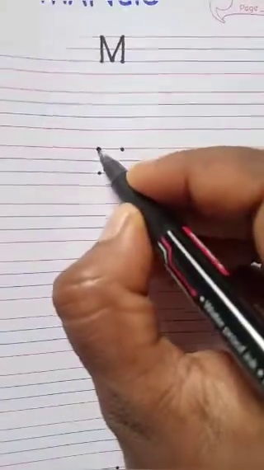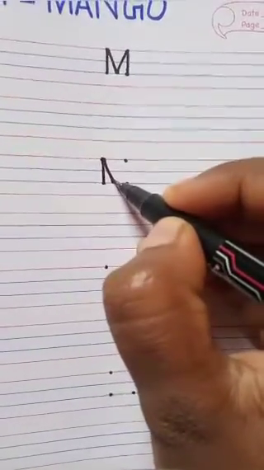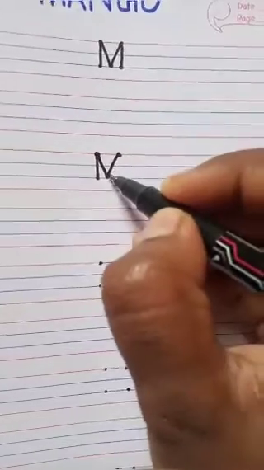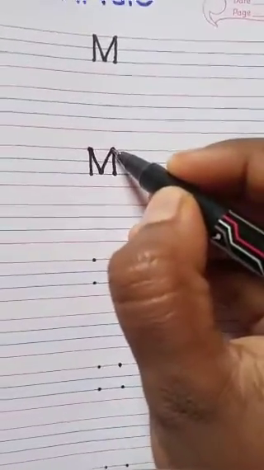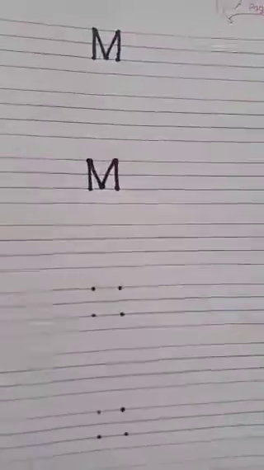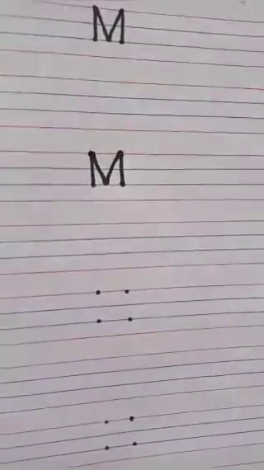Again kids, draw a standing line up to down and a slanting line up to down and again a slanting line from down to up. A standing line from up to down. Letter M. M for mango.